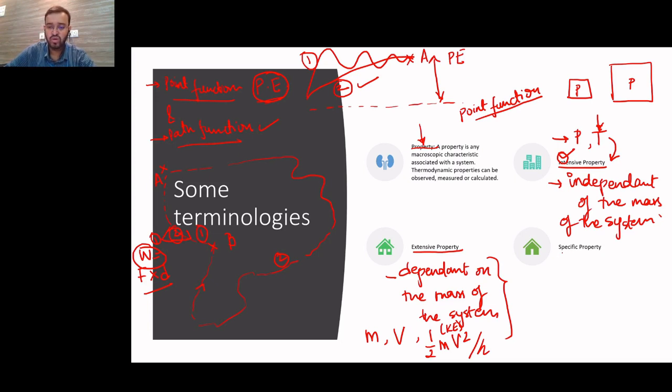So to allow us to do that, we come across something called specific properties. So specific properties are your extensive properties per unit mass. So it's extensive properties divided by the mass of the system.